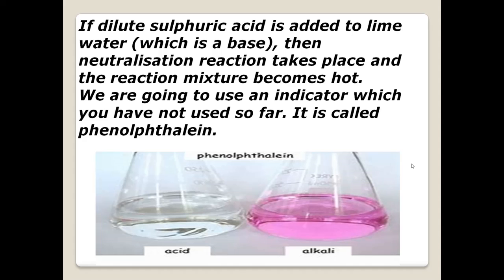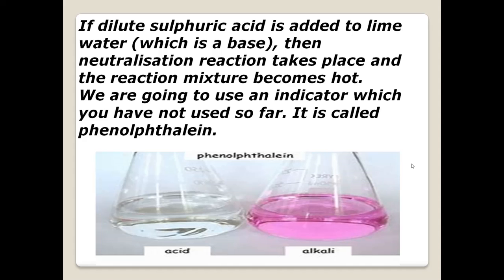Now, as we have learned about neutralization, let us understand one more type of indicator which we have not discussed till now. There is one more indicator called phenolphthalein. Let us understand how phenolphthalein helps us to identify acid and base.